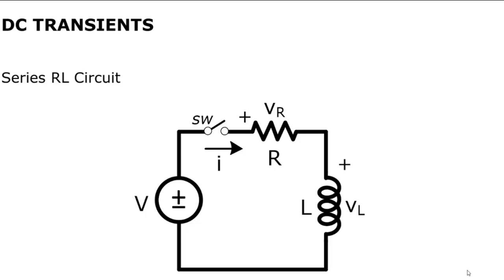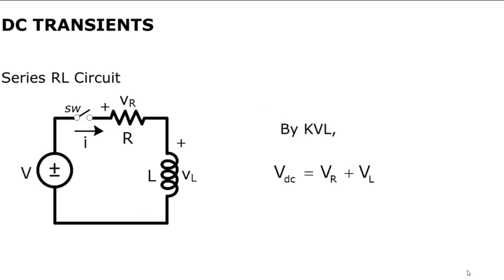The given figure here shows a series RL circuit with a switch, resistor and inductor. By KVL, finding the DC voltage of the circuit, we have VDC equals VR plus VL, whereby VR is the resistance voltage and VL is the inductive voltage.